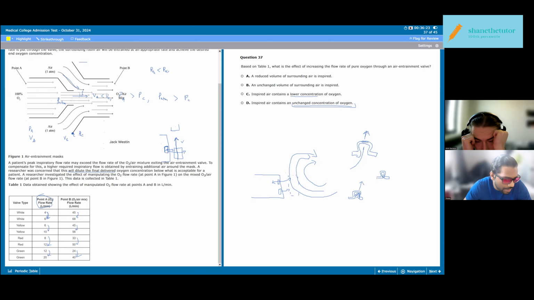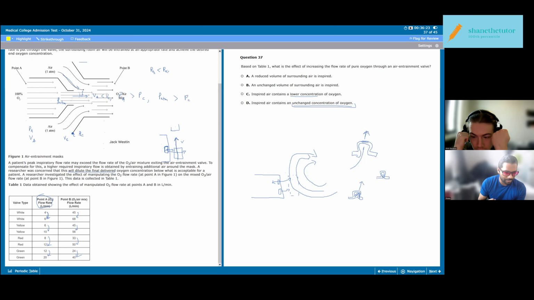Uh-huh. So the issue that we have in this paragraph is that the patient's inspiratory flow rate, which we don't have here, like point A, point B. I guess point B is closer to where the patient's mouth would be, but that's the inhalation flow rate, like the volume of the air O2 mixture that a person can inhale per unit time.